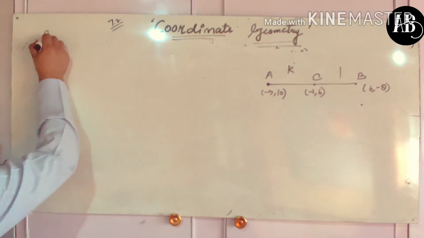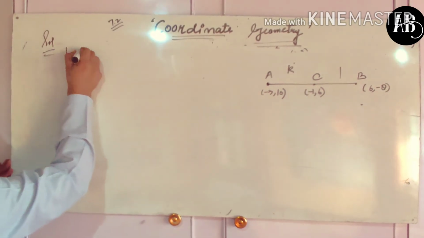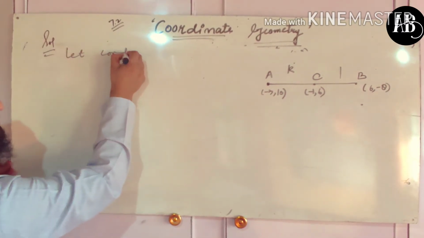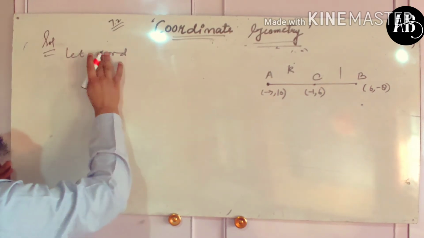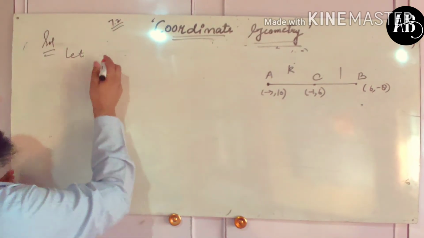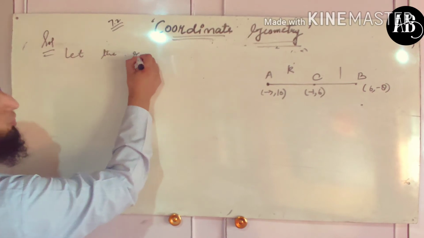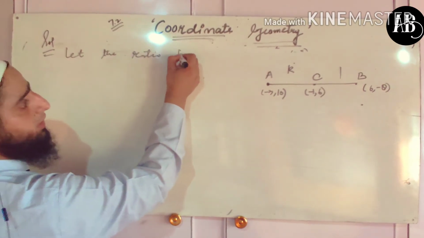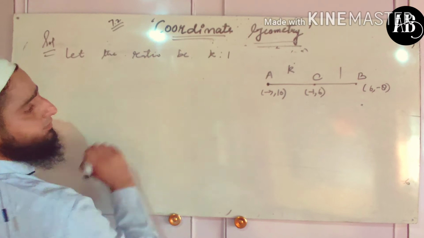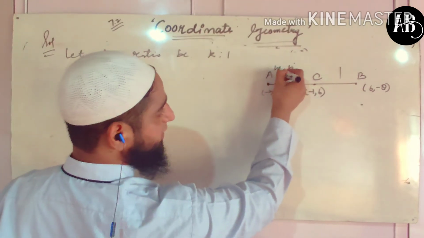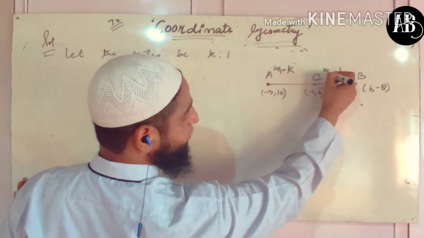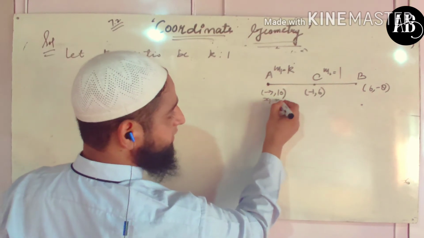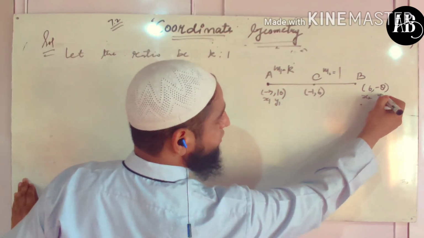So I'll add the coordinates which are given. Let the ratio be k is to 1. It means k is m1, 1 is m2. This is x1, this is y1, this is x2, this is y2.